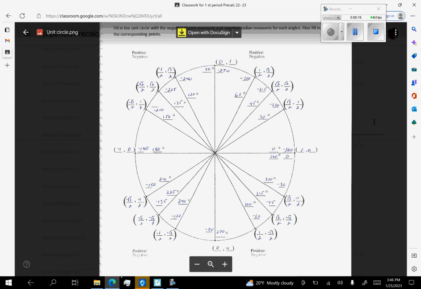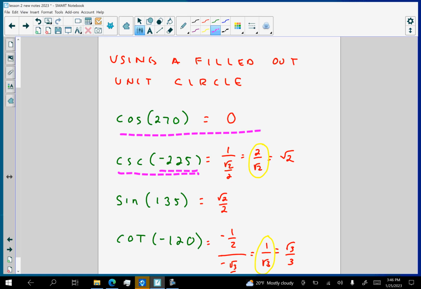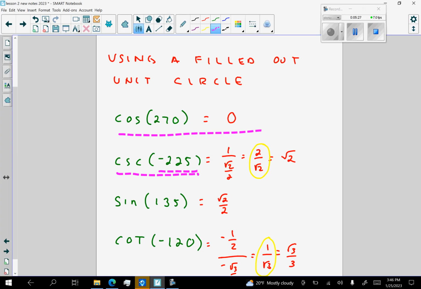Well, what is the y value? I'm here at negative 225 degrees. The y value is square root of 2 over 2. Therefore, the cosecant of negative 225 is 1 divided by square root of 2 over 2.